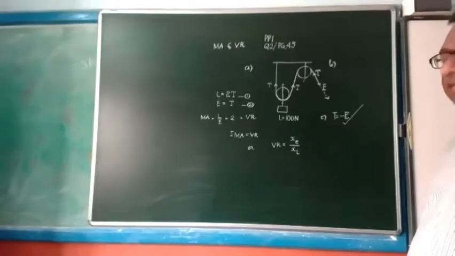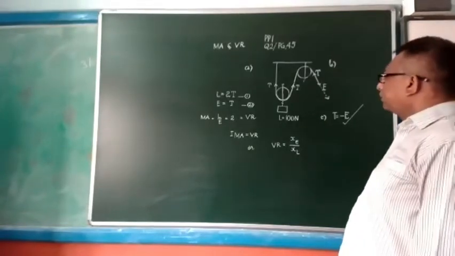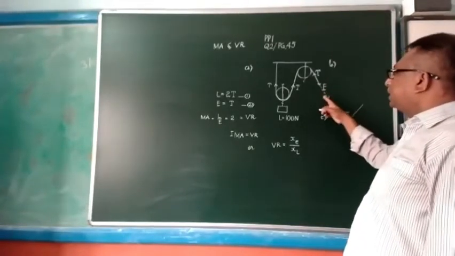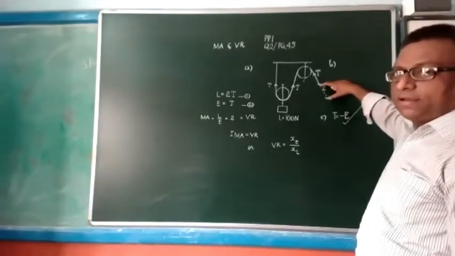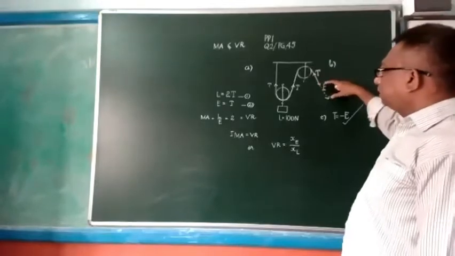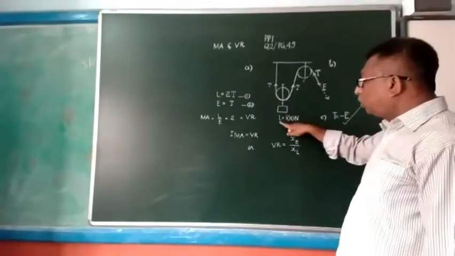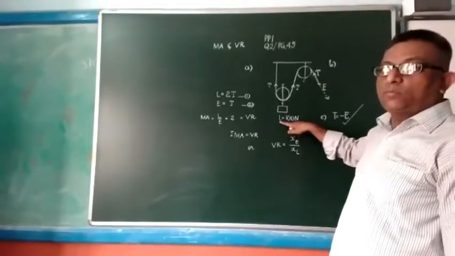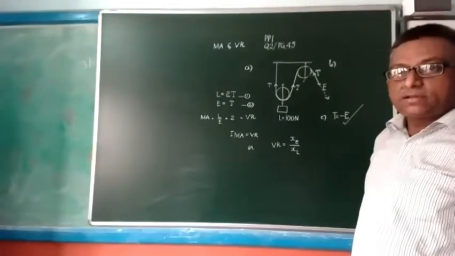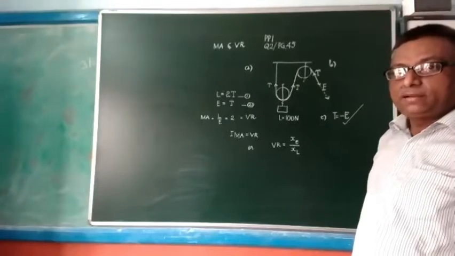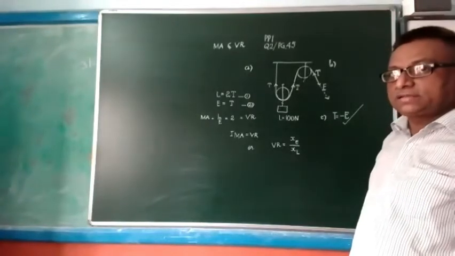Here, you are observing that as effort is applied through some distance, small d, the load is not moved in upward direction through the same magnitude of distance through which effort was applied. It is always less.